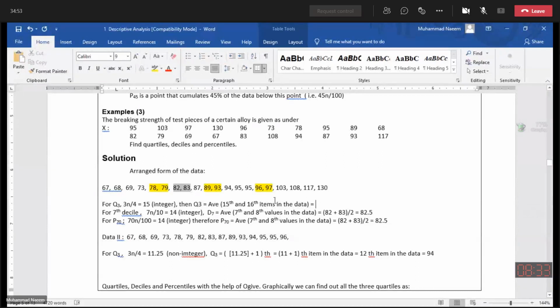Trace out those values: 1, 2, 3, 4, 5, 6, 7, 8, 9, 10, 11, 12, 13, 14, 15 and 16, these two. So find their average.